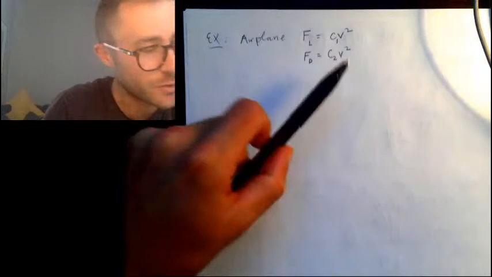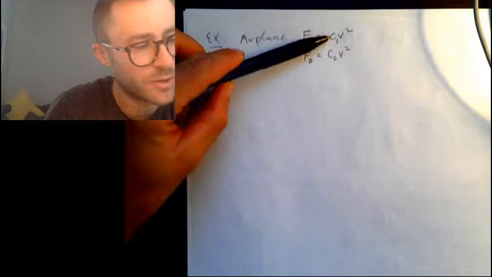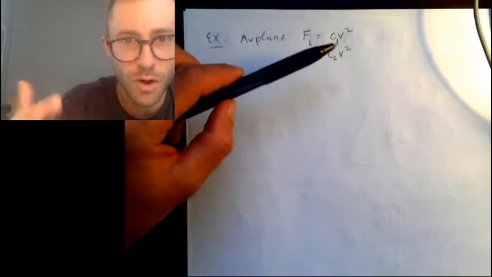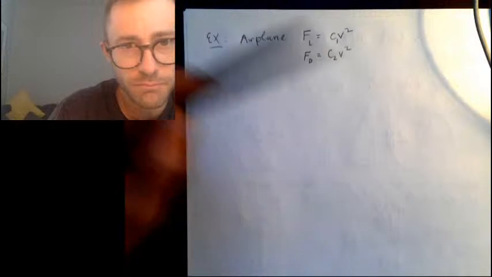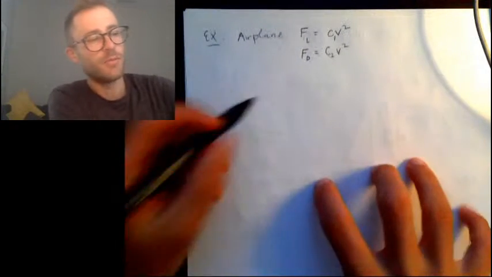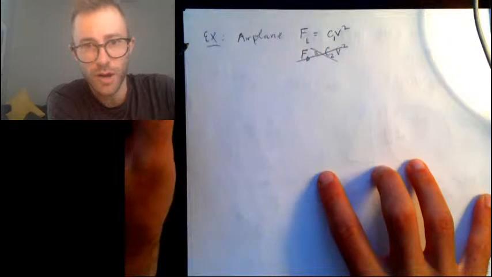But it also increases drag. So if you want to increase C1, you also increase C2, which means the engine has to work harder against drag force. So these two are interconnected. But for this problem, we're not going to worry about the drag force.